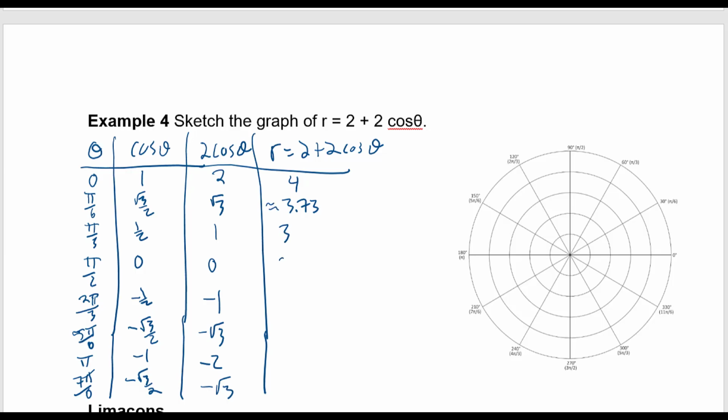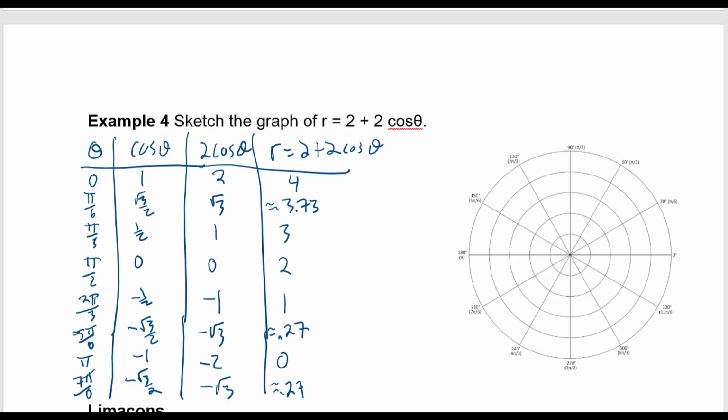Then 3, then 2, then 1, and then 2 minus square root of 3 would be approximately 0.27, and then we're at 0. And then for the negative square root of 3, we're back to around 0.27.